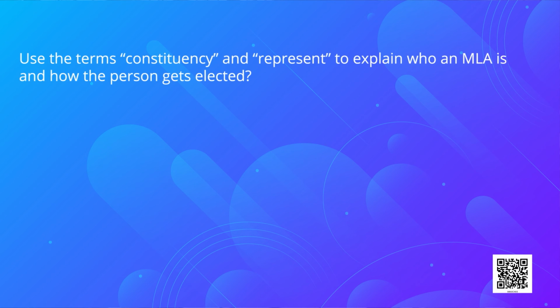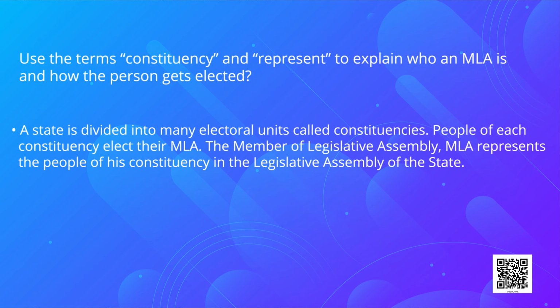Question number 1. Use the terms constituency and represent to explain who an MLA is and how the person gets elected. Answer. A state is divided into many electoral units called constituencies. People of each constituency elect their MLA.